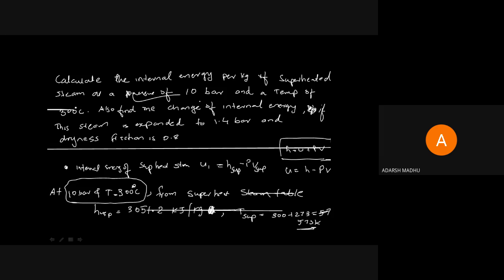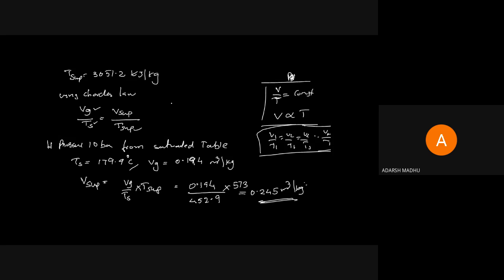The internal energy per kilogram of superheated steam at a pressure of 10 bar and a temperature of 300 degrees Celsius. Both are conditions for superheated steam. So we can plot a point from the table of H superheat directly because pressure and temperature of superheat are given. We directly took that point, 3051.2, from our table.